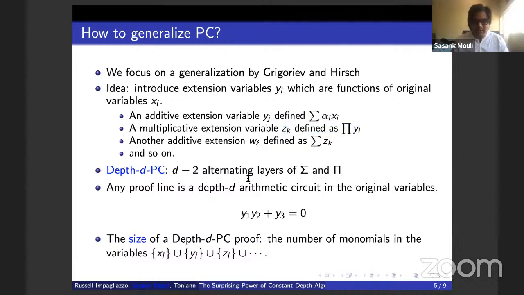Essentially we're building an arithmetic circuit over the original variables, and we define the system depth-d PC, which has d minus 2 alternating layers of sum and product, so that the final proof line is a depth-d arithmetic circuit. The size is measured in terms of the number of monomials in all of these variables, which is the natural way to measure the size of a circuit.